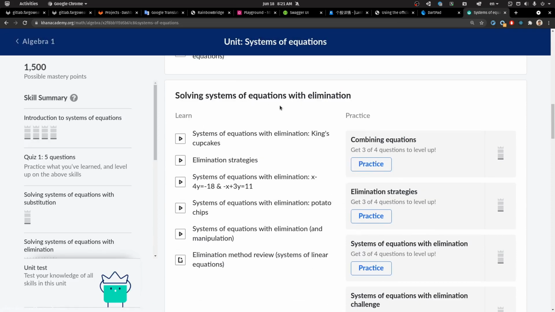Solving systems of equations with elimination. Solving systems of equations, in other words, is solving a bunch of equations that are indeed related. So we could use a method called elimination.